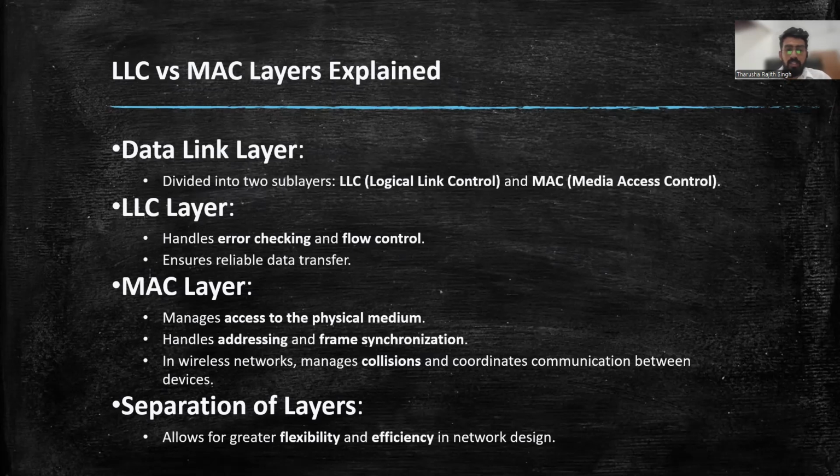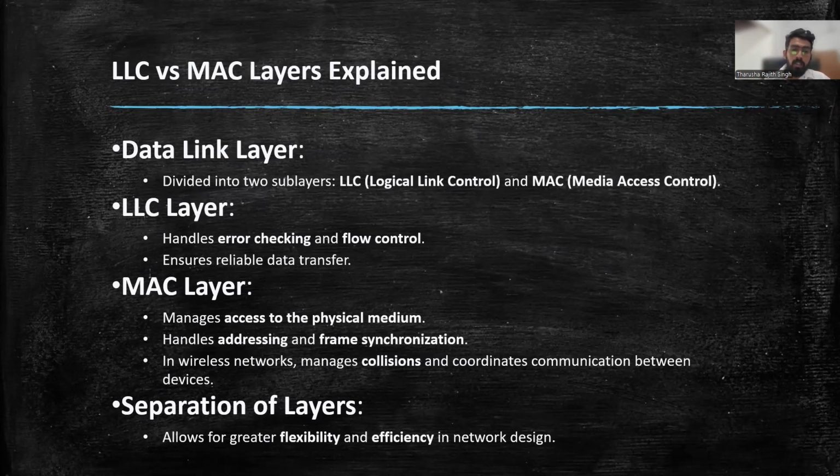Okay, now let's discuss the LLC and MAC layers, which are the two sublayers of the data link layer. The data link layer is responsible for the reliable transmission of data between devices on the same network. It is divided into two sublayers, which are logical link control and media access control.